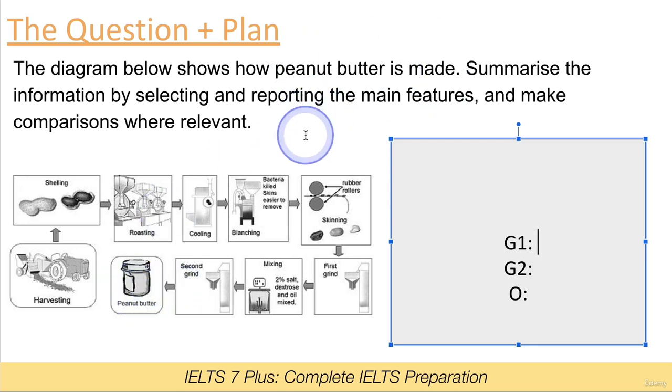So I'm going to go step 1, which is harvesting, to 6. So they don't have to be equal. I like to find a logical sort of halfway point. More often than not, there is one. And then let's talk about 7 to 10.